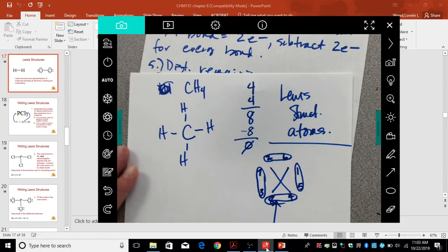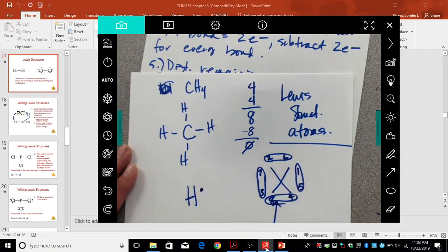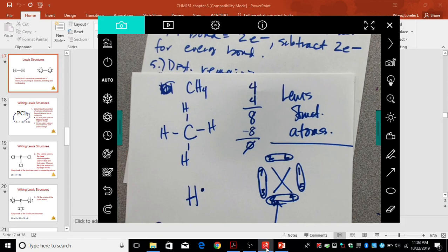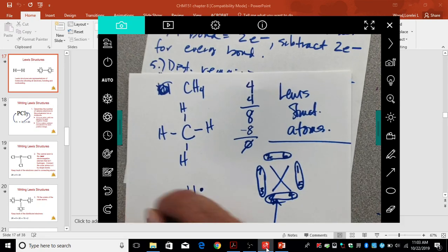So if we look at hydrogen's Lewis structure, how many valence electrons does hydrogen have? 1. There's the Lewis structure for lonesome little hydrogen. Carbon, on the other hand, what's the Lewis structure for carbon? It's got 4 valence electrons, so now I'm going to put 1, 2, 3, 4, right?